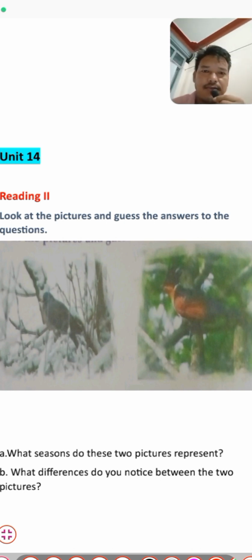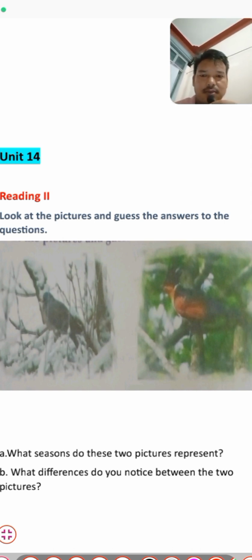Students, this is the difference between these two pictures. What difference do you notice? So let us find out the difference between these two pictures.